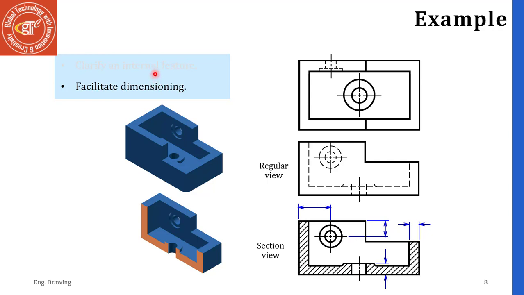So the first objective of clarifying the internal features came true, and the second one is to facilitate the dimensioning technique. Clearly seen on the front view, then we can add dimensions easily. As according to the standard rule, we cannot add dimensions to the hidden features.